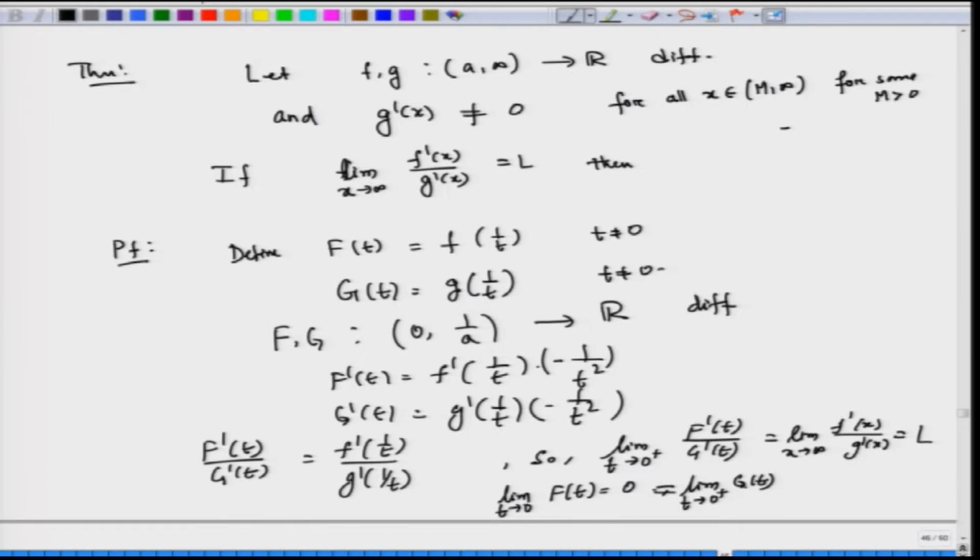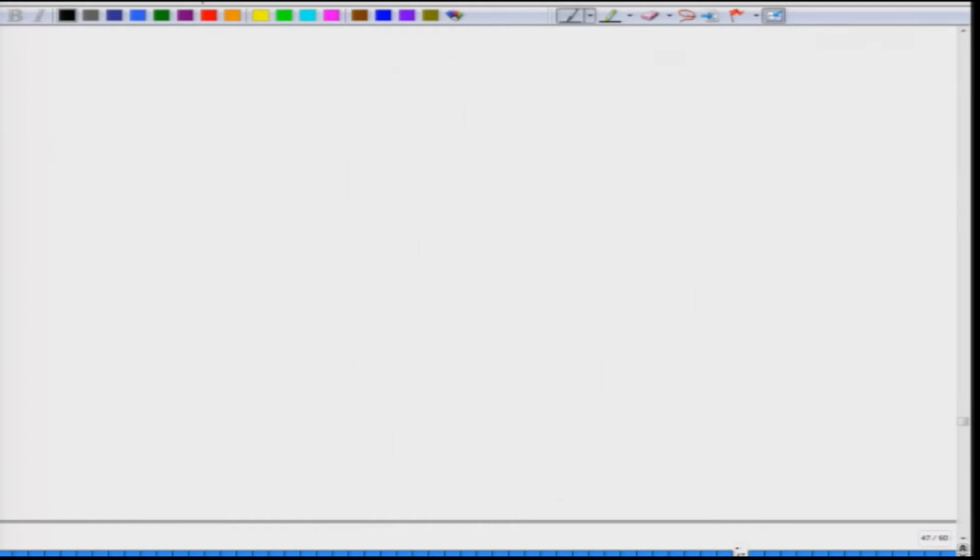Essentially, we need to impose the condition that the limit of f of x as x goes to infinity is equal to 0, which is equal to the limit of g of x as x goes to infinity. Then you can apply the earlier L'Hopital rule, and what you get is the result even for x going to infinity.